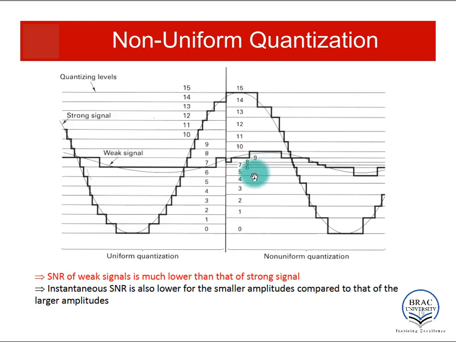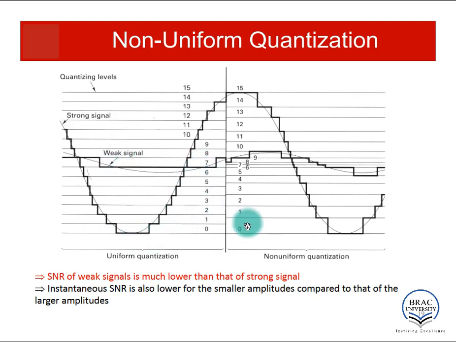Okay. So let's say this weak signal. We are using the same quantization scheme for both the strong and the weak signals. We have divided the whole range of the strong signal into 16 levels. We are not increasing or decreasing the number of levels for the weak signal.